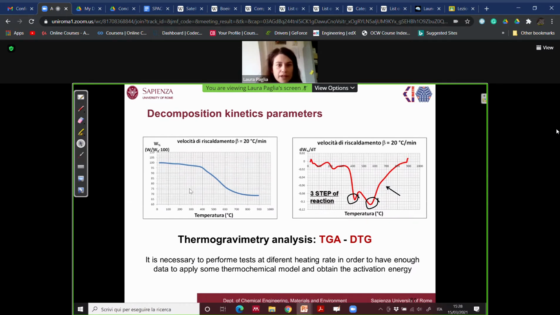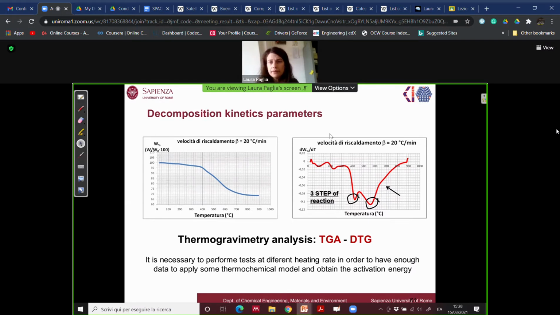But after 300 degrees, the loss of weight is important. And then we have this plateau, so we can understand that at this point, the reaction of pyrolysis is ended. And this is important.